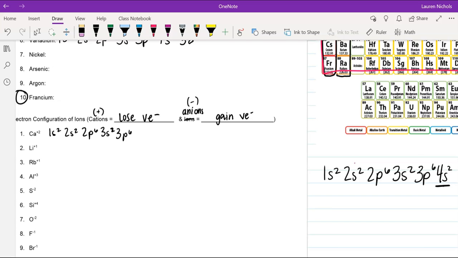And lithium does the same thing. It's normally 1s2, 2s1, but because it's positive 1, it loses that outer electron, and so now it's down to 1s2. And we can see the same for the anions, except they gain. So sulfur is normally 1s2, 2s2, 2p4.